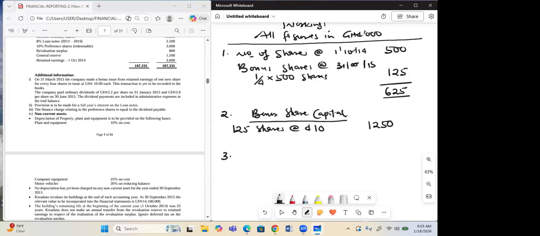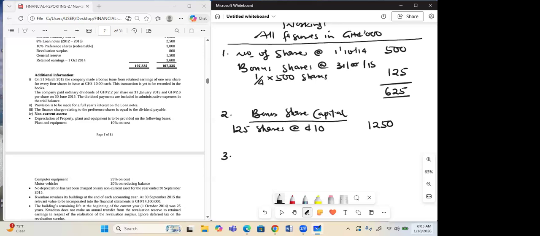So if it was done on 31st March 2015, what does it mean? It means that earlier on, before they had done the bonus issue, they had paid the dividend; the bonus issue had not happened. Are you getting the point? So the first dividend was paid on only 500 shares. Will you agree with me?